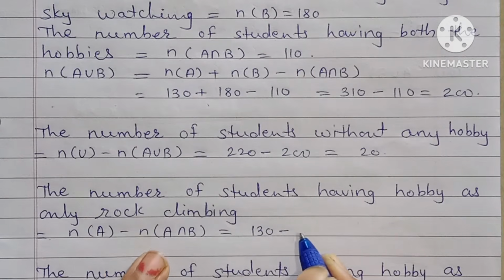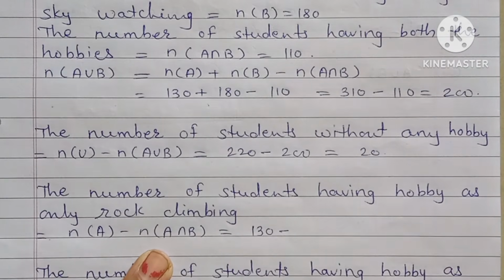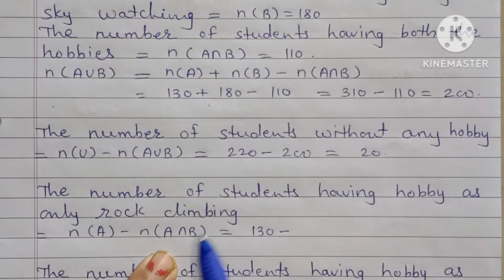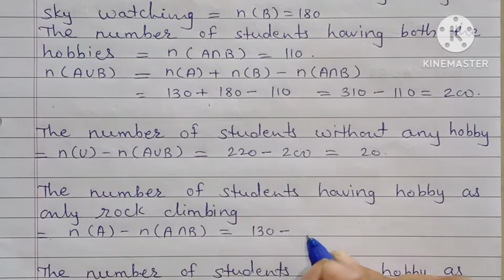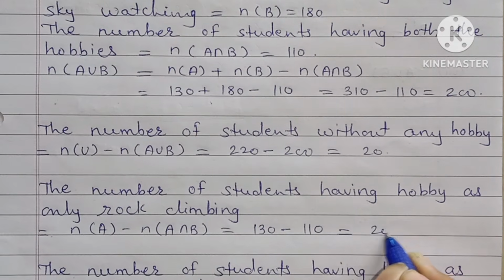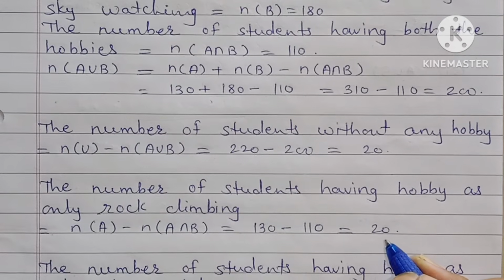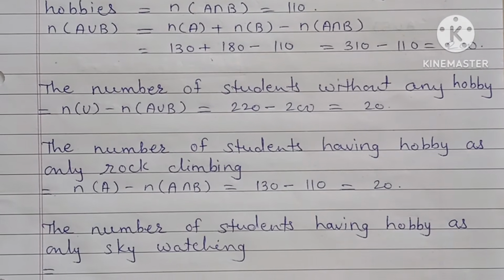Means 130 minus A intersection B. A intersection B, how much? 110. 130 minus 110, how much? Again same answer, 20. Now the number of students having hobby as only sky watching.